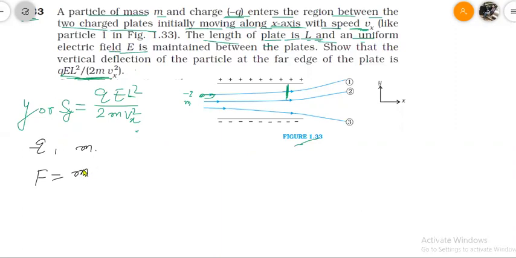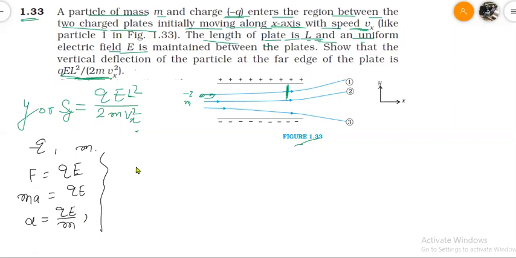Force acting on this charged body is qE. So this force is equal to ma is equal to qE. So the acceleration of the particle will be qE upon m. So this was the acceleration.